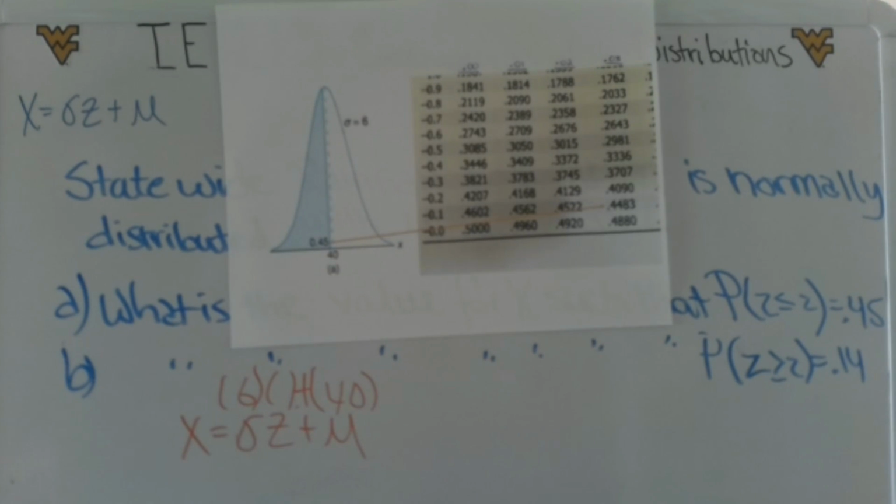So when we go to the z table, we look for 0.45, and because it reads to the left, we can just use the value nearest to 0.45 on the table. It's at row, sorry, negative 0.1, and column 0.03, that we find 0.4483, and that is the closest value to 0.45. So we use that value.